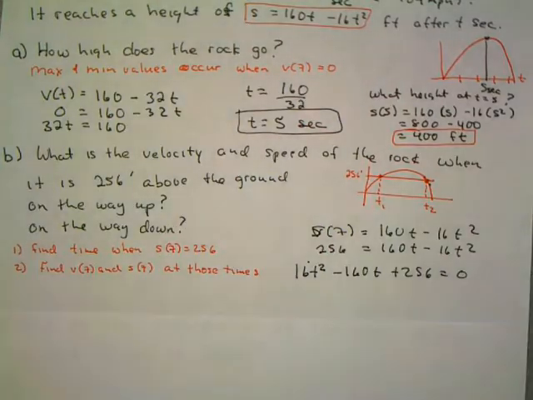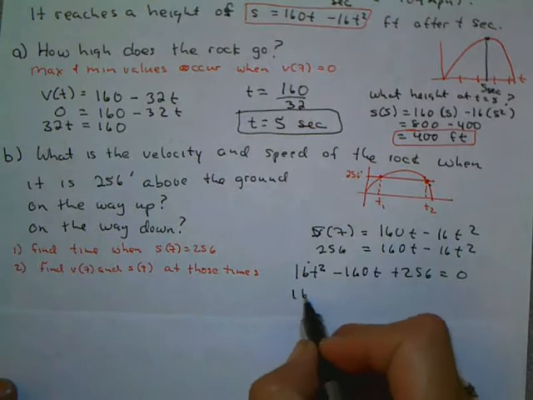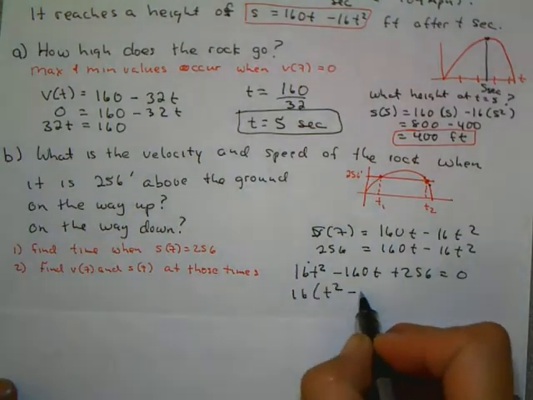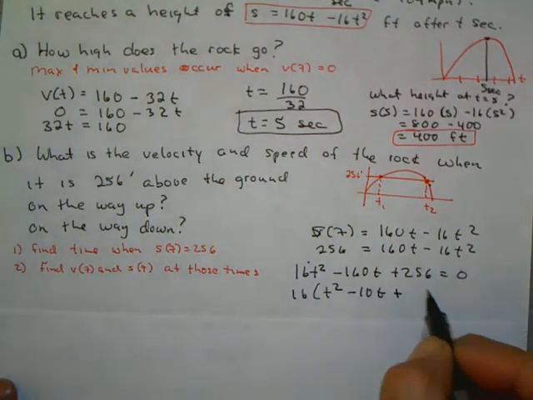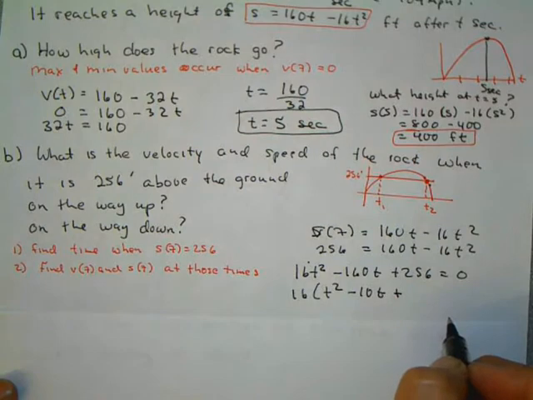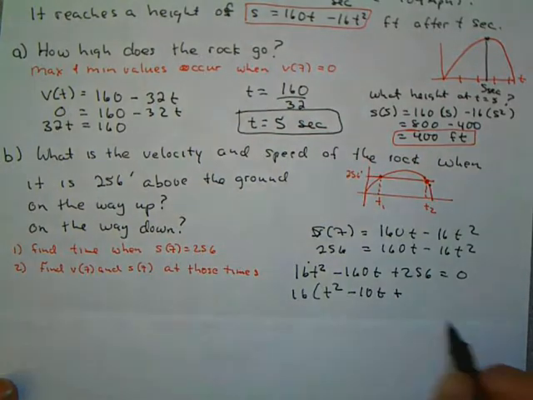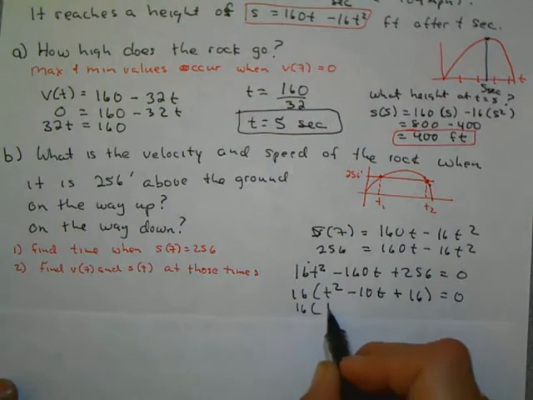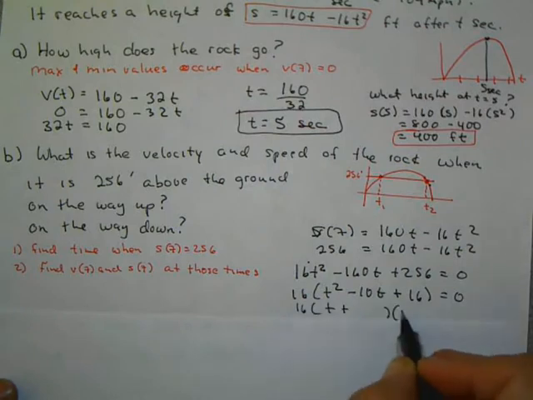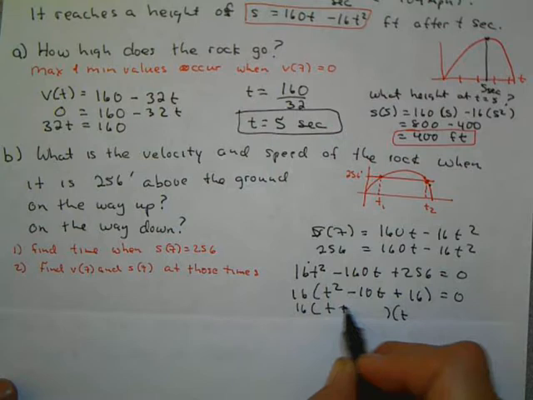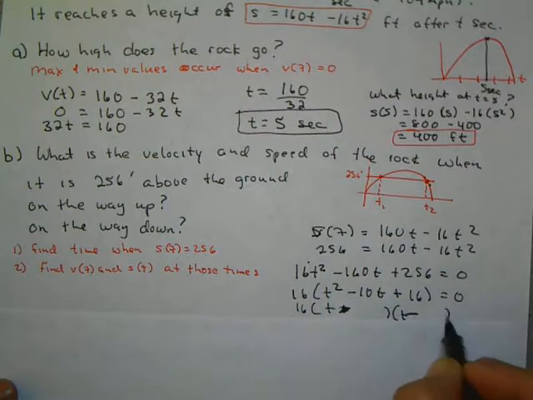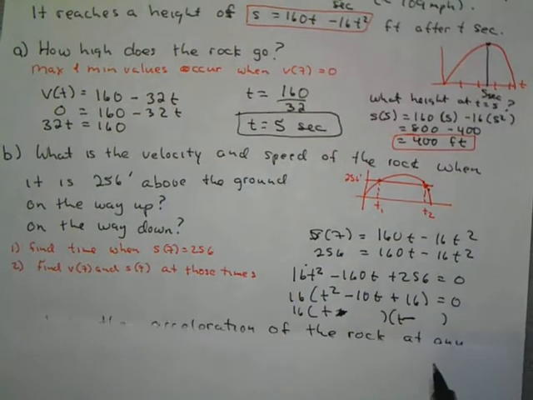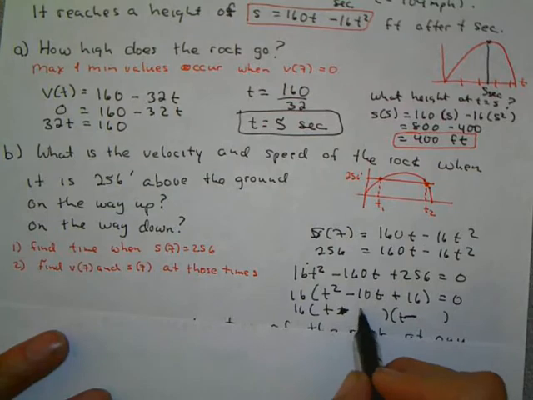If I factor out my 16 here, I've got t squared minus 10t plus 256 over 16, which is 16. Then I can factor that, t plus and t, I need two minuses here. What two factors of 16 have a sum of 10? Must be 8 and 2.